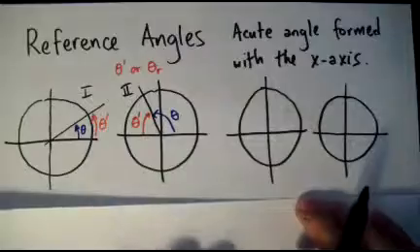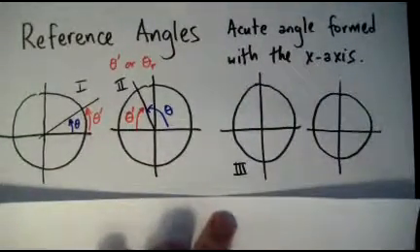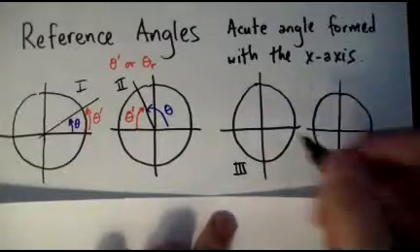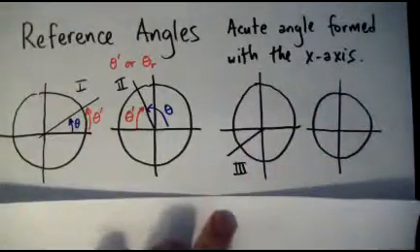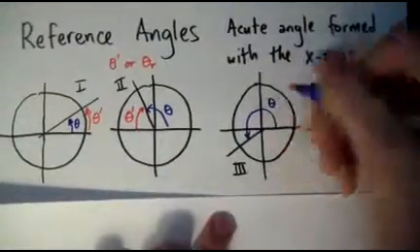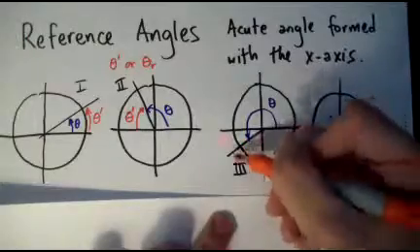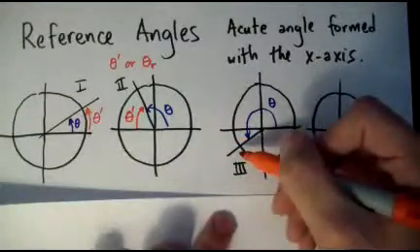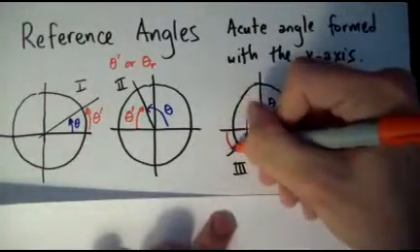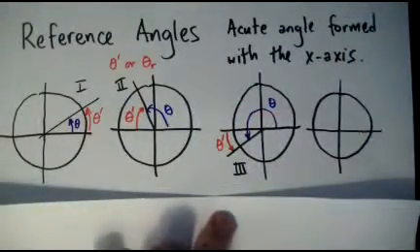Now in quadrant 3, I come all the way over to here. So this is my angle, my theta. The angle that it forms with the x-axis is right here. That is going to be my theta prime, my reference angle.